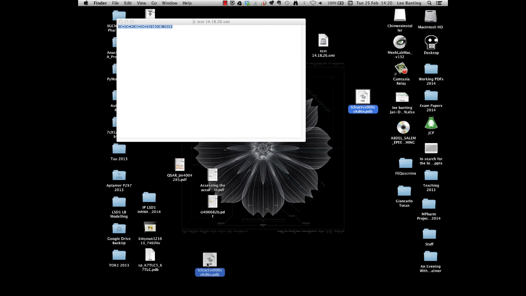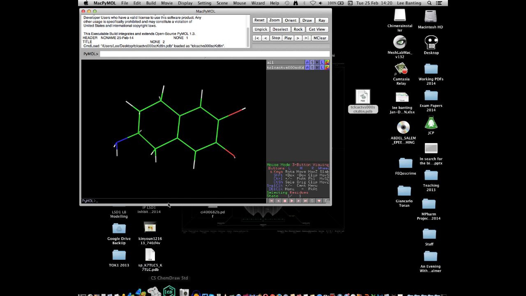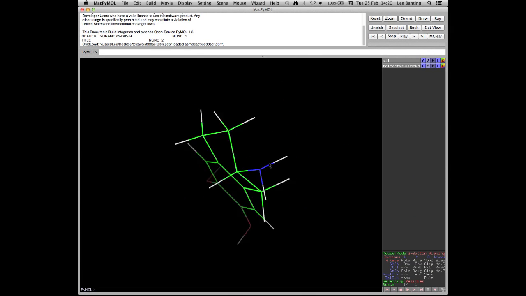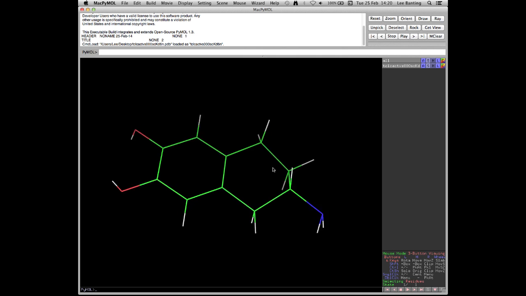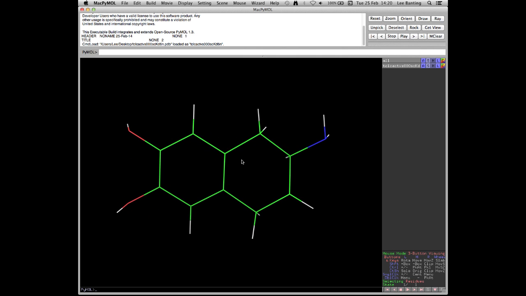Now I can have a look at that file. There are various chemical viewing packages. This happens to be MacPyMOL, but PyMOL again is available to educational establishments, academics and students alike. And then we have our 3D structure. That was the structure that we put into our two-dimensional program.